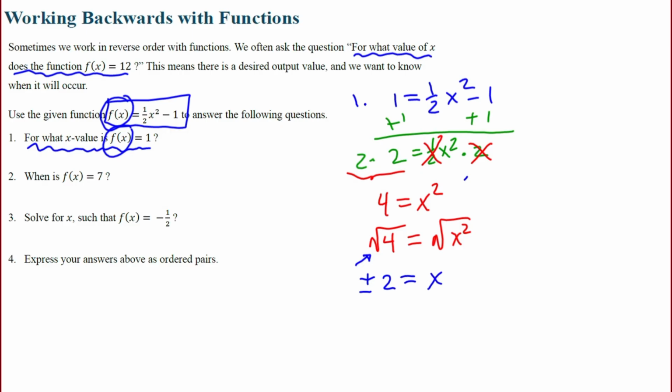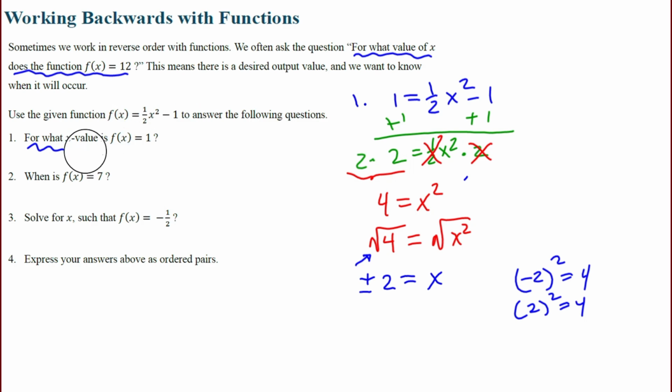So what that means is that x is either -2 or x is +2, because -2 squared is 4 and +2 squared is 4. So we have two possible outputs. So it says for what x value is f of x equal to 1. So let's just put our answers here. It will say x equals plus or minus 2. That means we have two different answers.